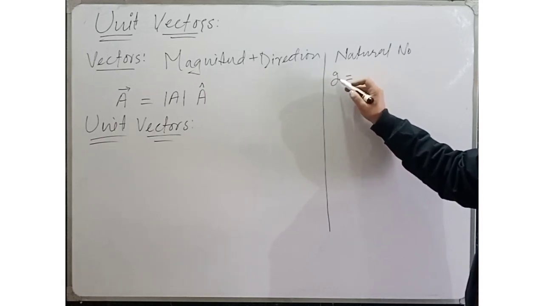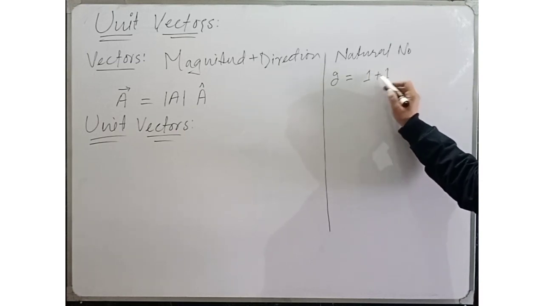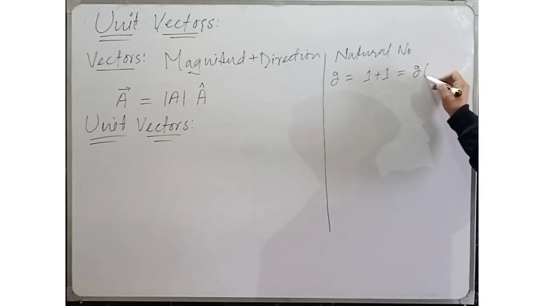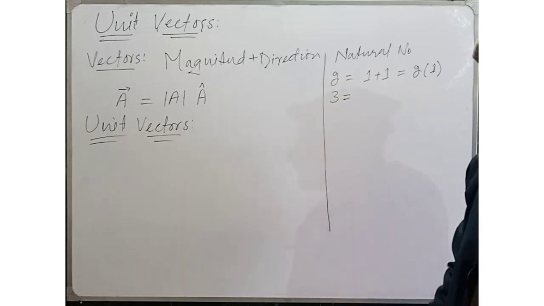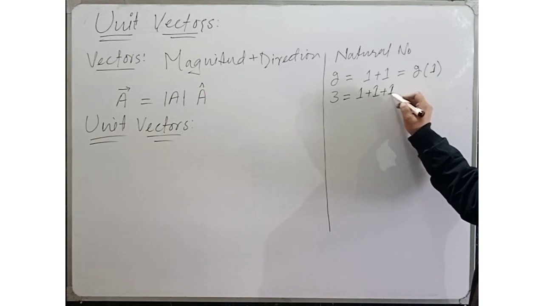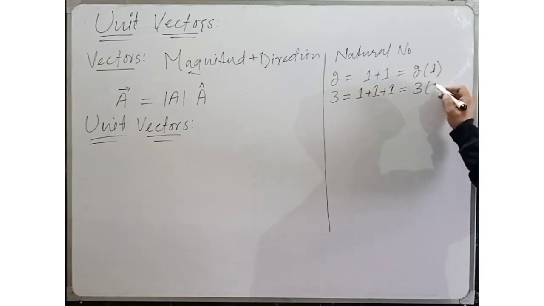We can represent that 2 with another natural number, that is 1. So when we add 1 and 1, we will get 2. So we can write that it is twice of 1, right? In the same way, if we take another example 3, we can write 1 plus 1 plus 1. So 3 can be expressed in this way, and this is actually 3 times of 1, right?